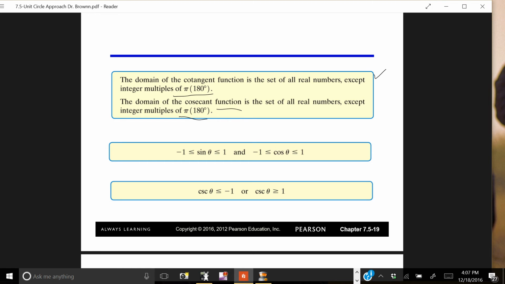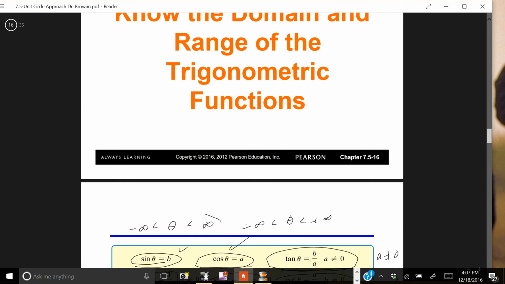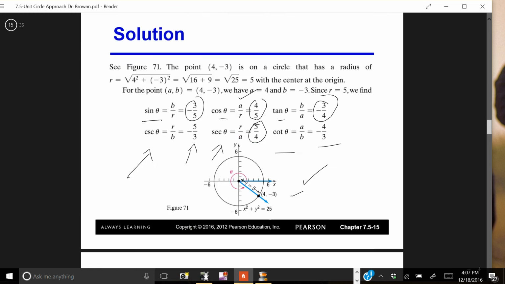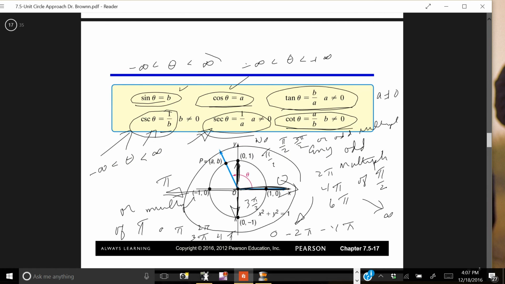Now, how big can the sine function and the cosine function get? Well, we can go back to the definition of the sine function and the cosine function.